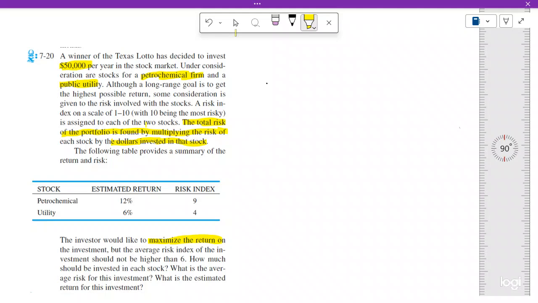So we'll start by plotting for the risk index, and then later on we'll find the one for the budget, because budget is also a constraint. Remember that if you are given a budget, it is also a constraint.